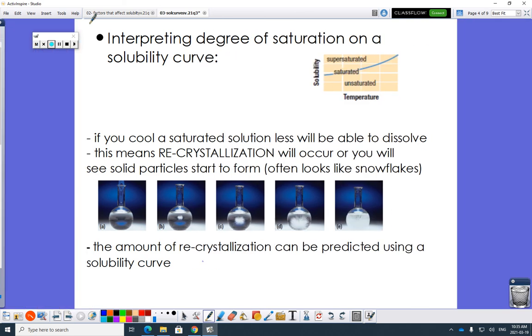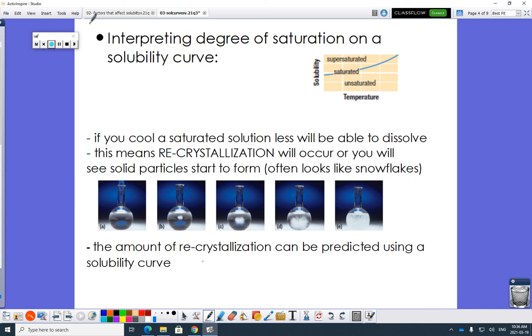This picture, again, is from your textbook. It's trying to show you basically what that video just showed. Nothing, add a seed crystal, and recrystallization starts to occur. Mathematically, we can figure out how much would come out of solution or recrystallize using the solubility curve.